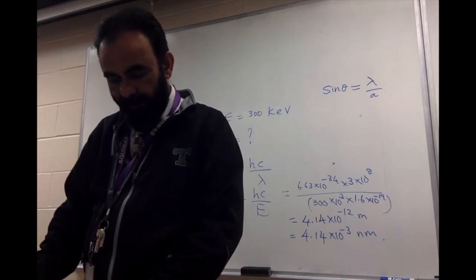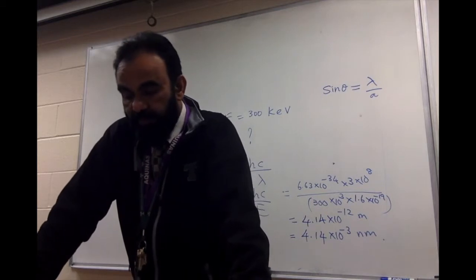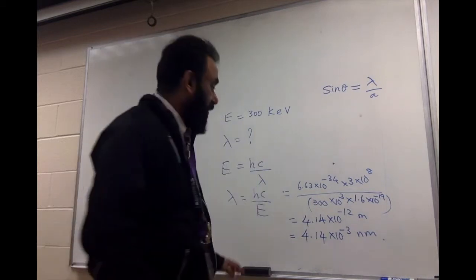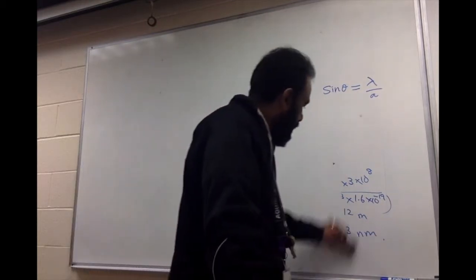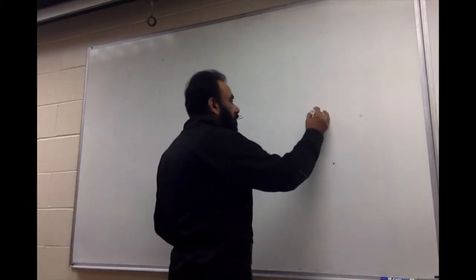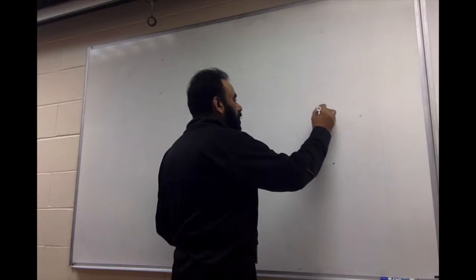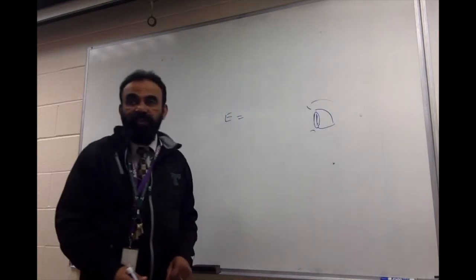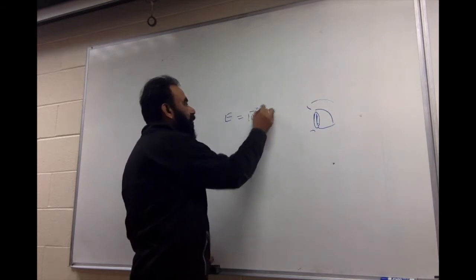Next one. The human eye can respond to as little as 10 to the power negative 18 joules.